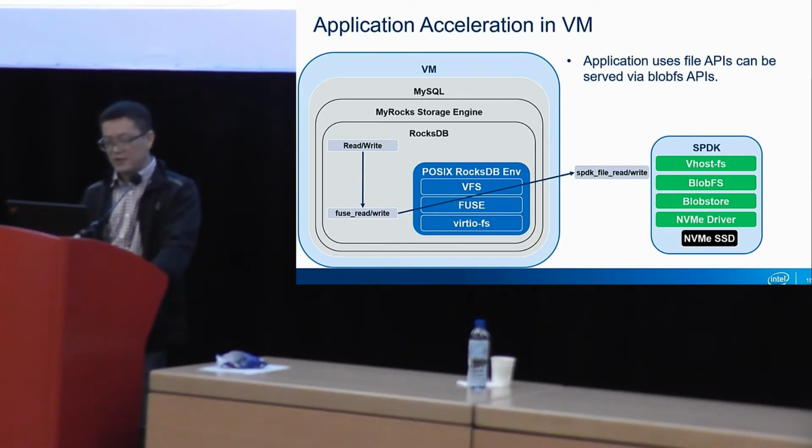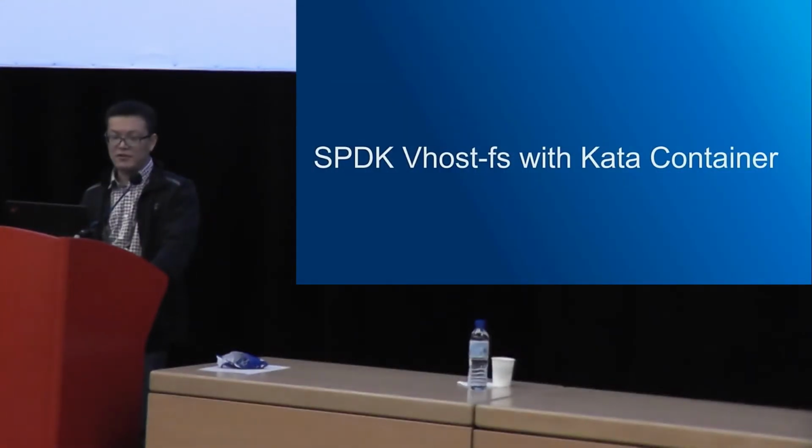So the other part is the container solution. At first we did not think we could run it with some container solutions, but finally we changed it to Virtio-fs. We found that it can also be used in the Kata container.